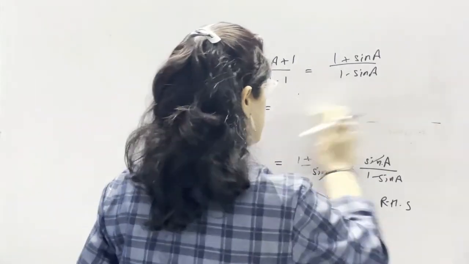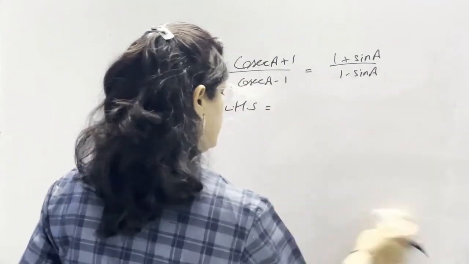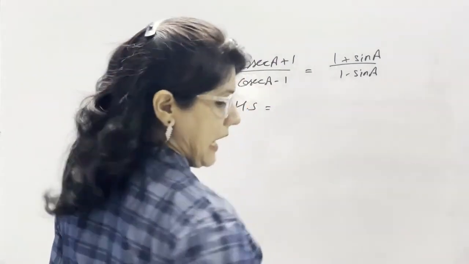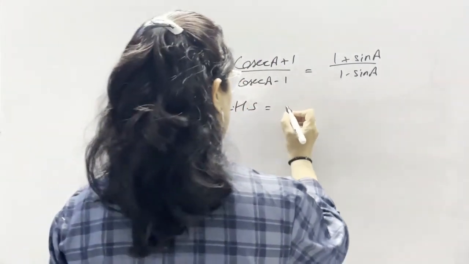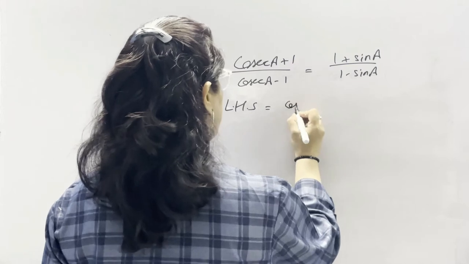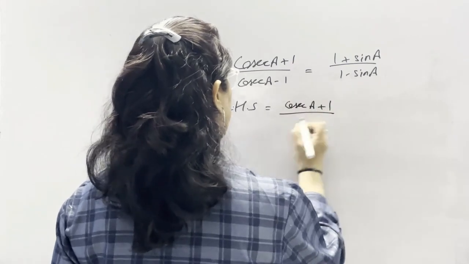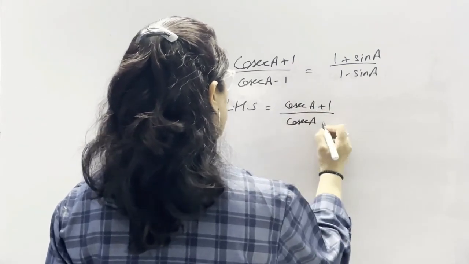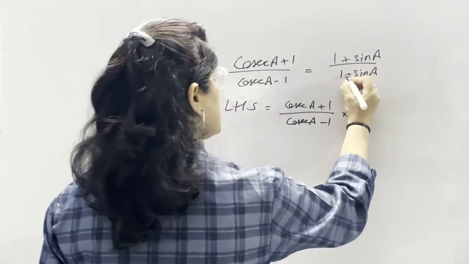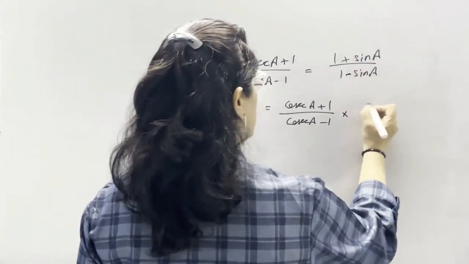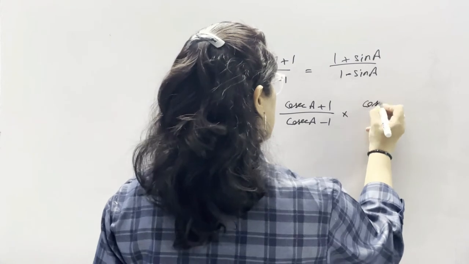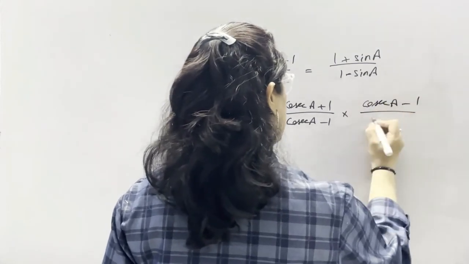LHS remains the same, with cosec. Now suppose I want to solve this question by rationalizing the denominator, or by multiplying and dividing the numerator and denominator with the same number, and because the minus sign is here, I want to multiply and divide with cosec A minus 1.